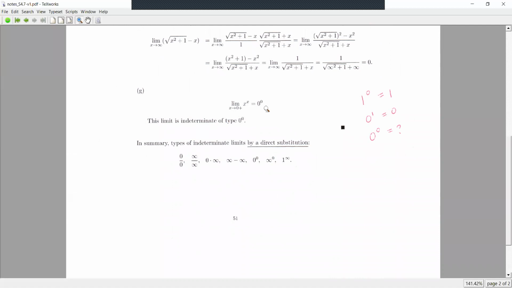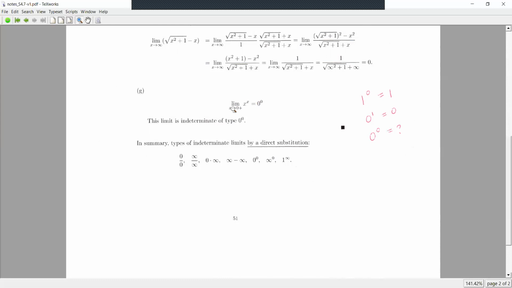Any number can be possible. I cannot determine 0 to 0. I can determine a finite number to 0 is 1. 0 to a finite number, it is 0. But 0 to 0, difficult to say. So this limit is a difficult limit, cannot be determined by direct substitution. The book calls this limit an indeterminate limit of the type 0 to 0.